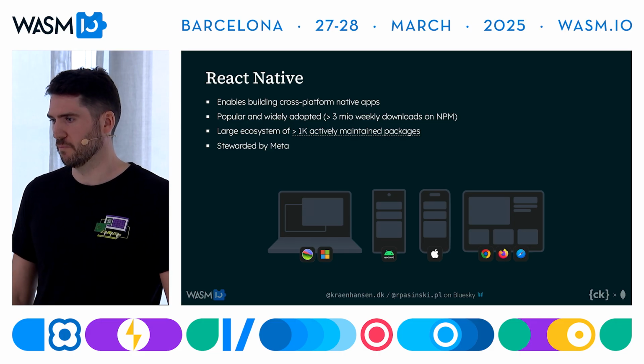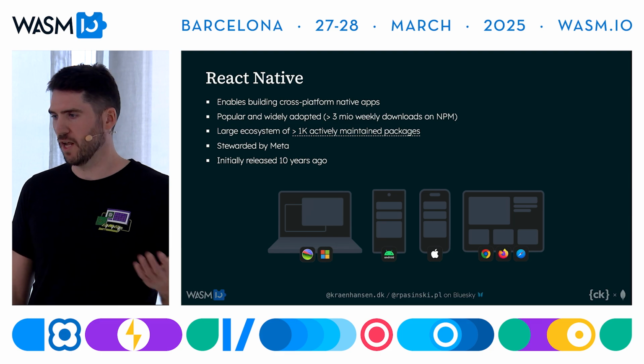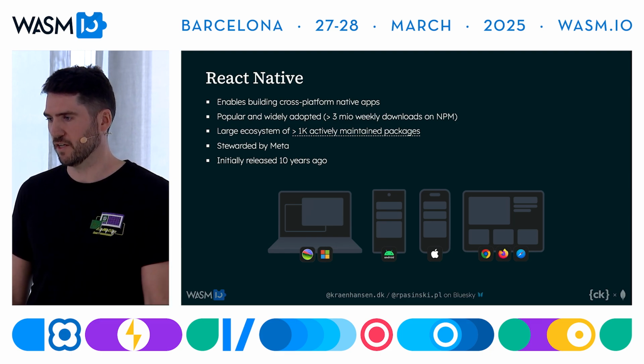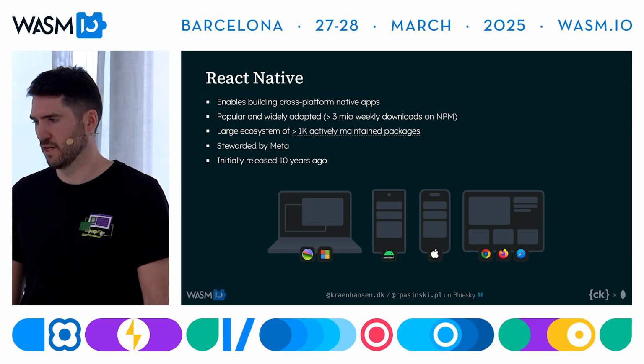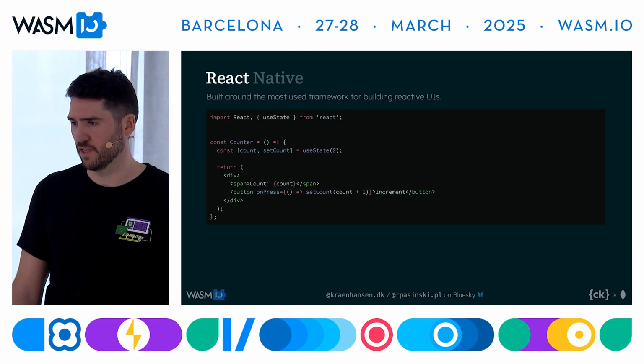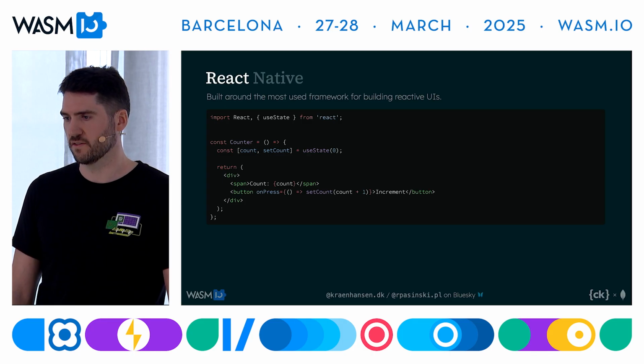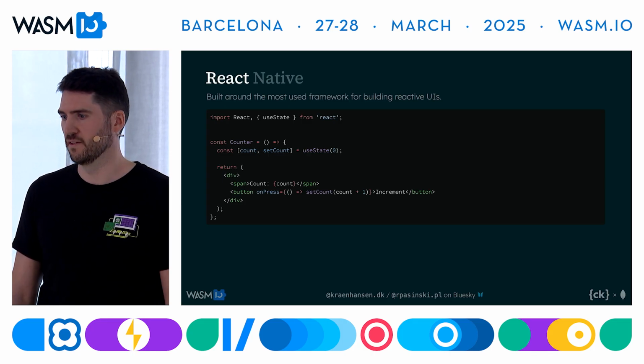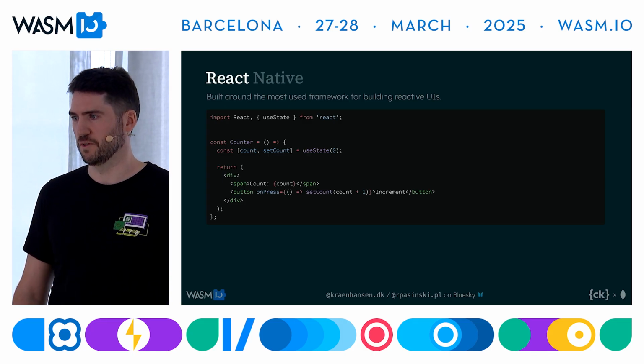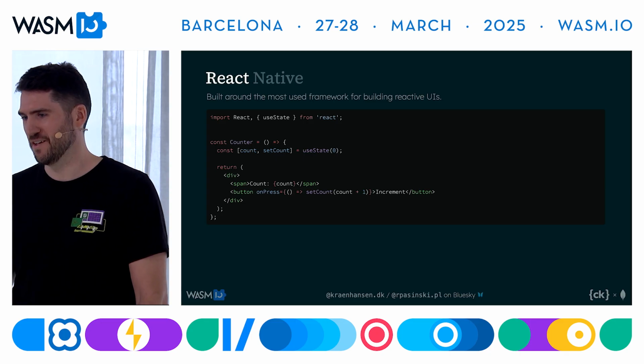It's widely adopted, more than 3 million weekly downloads on NPM. And it has a very large ecosystem of more than 1,000 actively maintained packages targeting specifically React Native. It is stewarded as an open source project by Meta and was initially released 10 years ago as of yesterday. So it's pretty old as well, or it's been around.